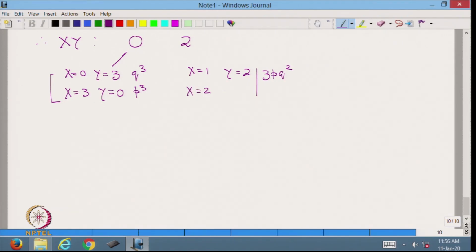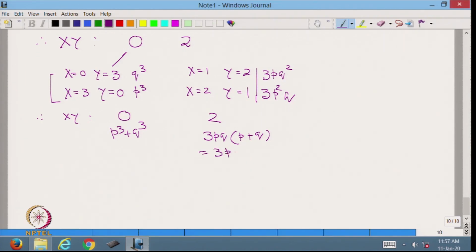Or x is equal to 2 and therefore y is equal to 1, and that probability is 3 p square q. Therefore, xy has two values 0 and 2 with probabilities p cube plus q cube, and 3 p q into p plus q, which is equal to 3 p q.